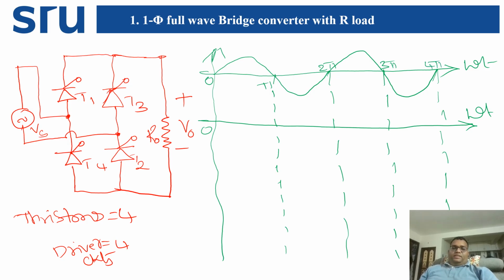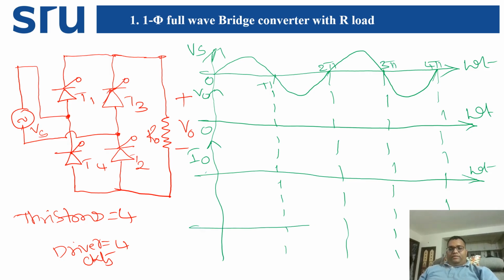Here we have V0 and I0, then Vs and V0, and next VT1 and T2. Any one we can take over here.